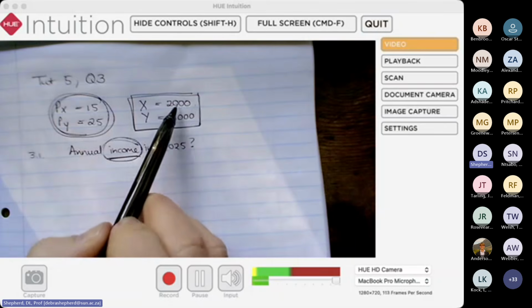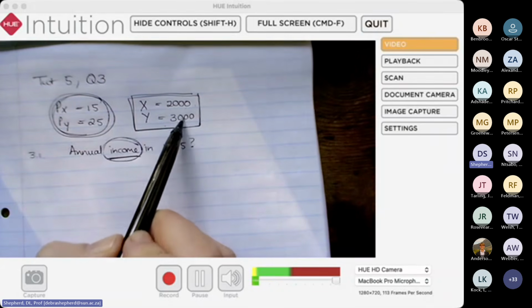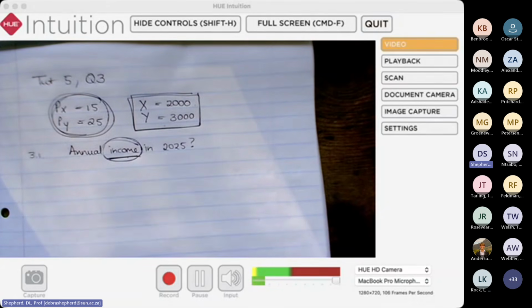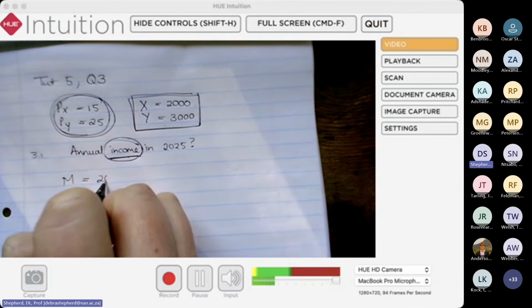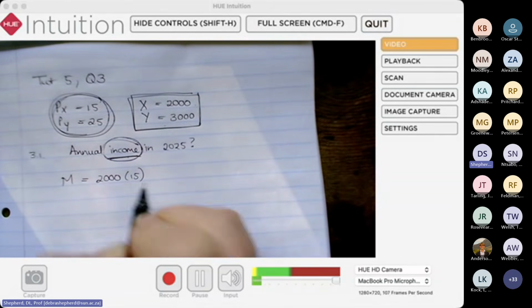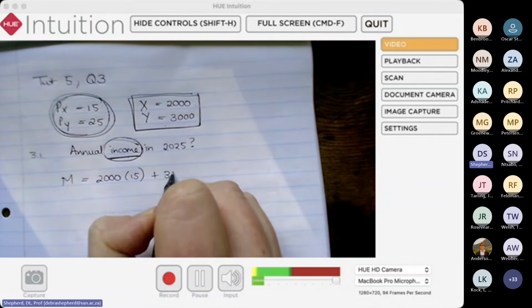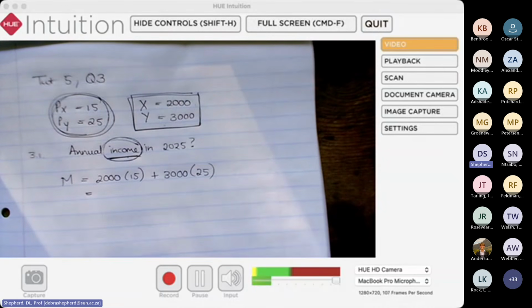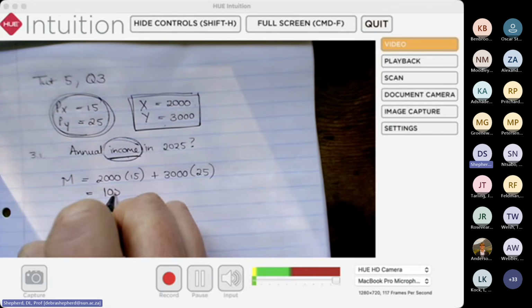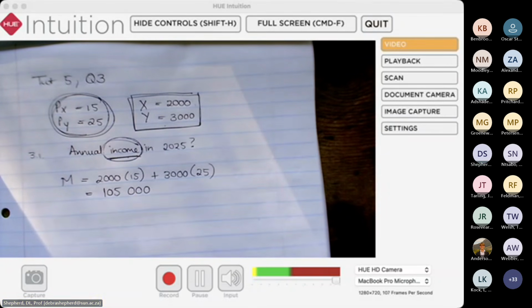So if I calculate what this combination cost her, I would have her income. Her income is 2,000X times the price of X, which is 15, plus 3,000Y times the price of Y, which is 25. That gives me 2,000 times 15 is 30,000, plus 3,000 times 25, which is 75,000, so 105,000. Okay, that was her income in 2025.